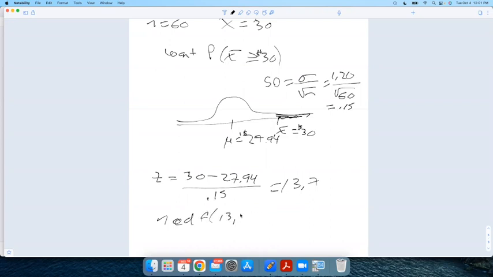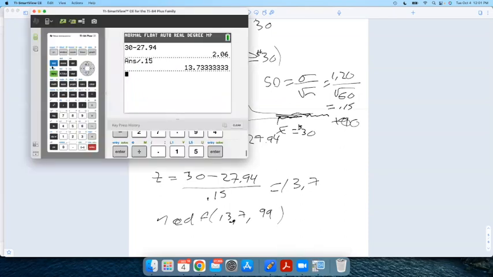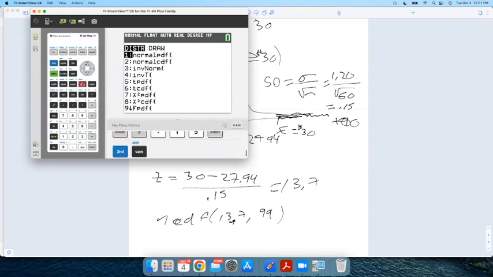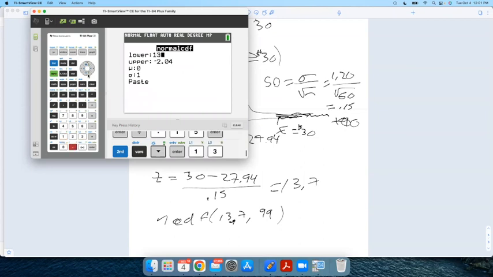Smallest z-score I shaded up to the largest. How far did I shade? I shaded all the way up to positive infinity. So 13.7 to 99. Hit paste.